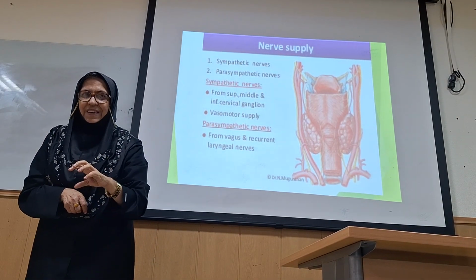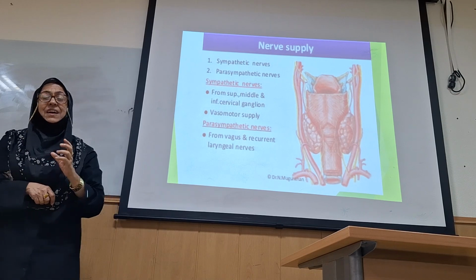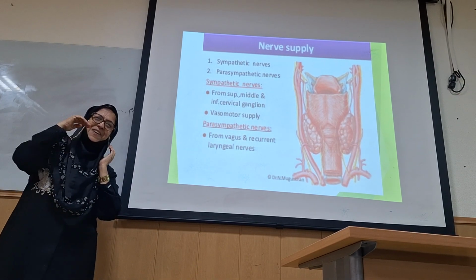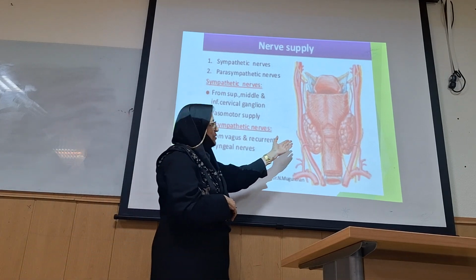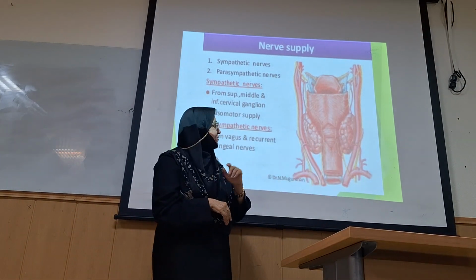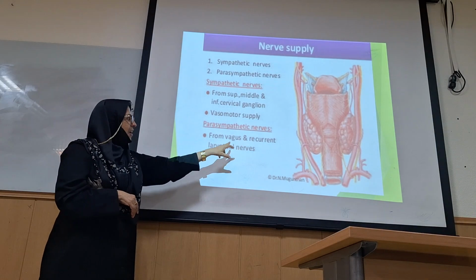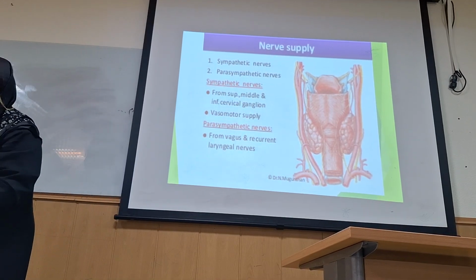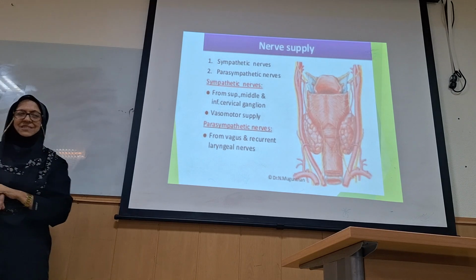These nerves first supply the larynx and then come back to the thyroid gland. Therefore, these nerves are the recurrent laryngeal nerves. Okay? Do you understand?